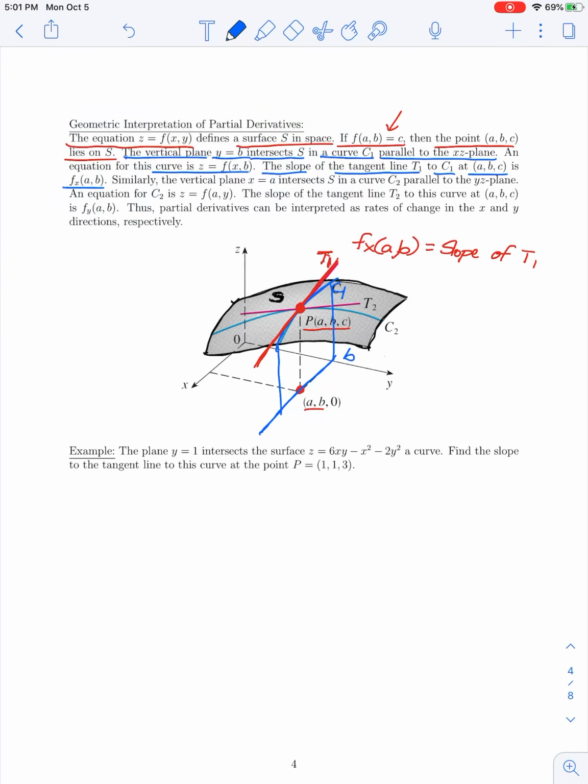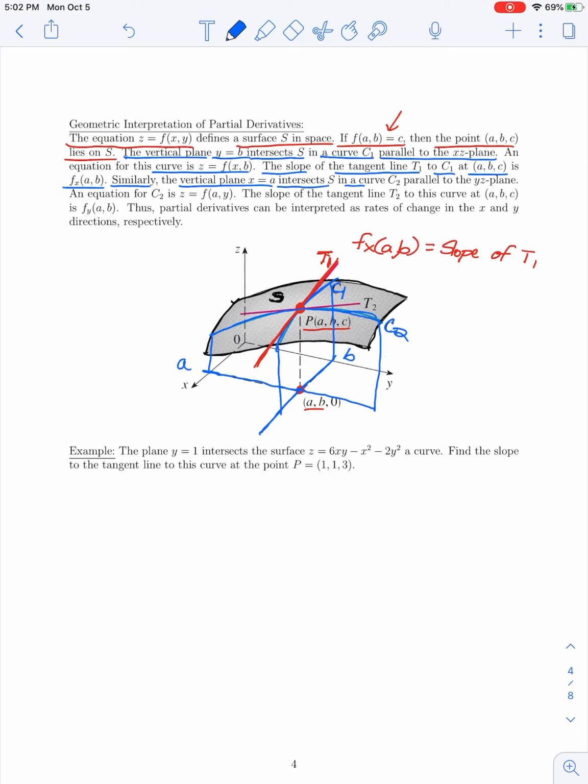Now similarly, if we consider the vertical plane defined by x equals a, so if we force x to be a constant value, we could think about the plane passing through x equals a, so it has to pass through the point a, b, 0, and that plane would intersect our surface S in another curve, C2.